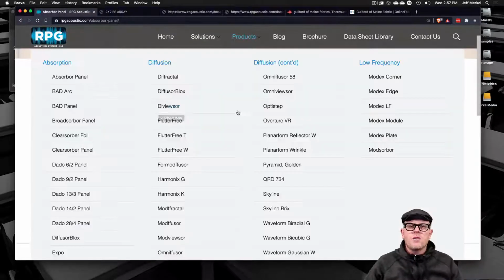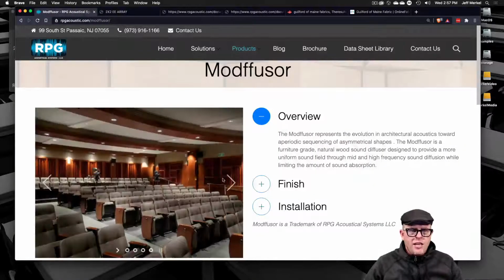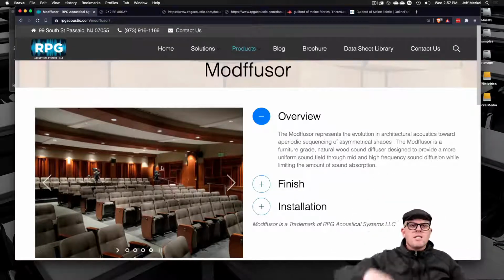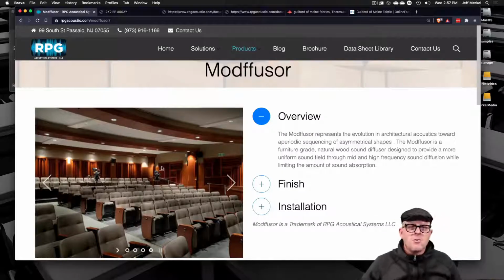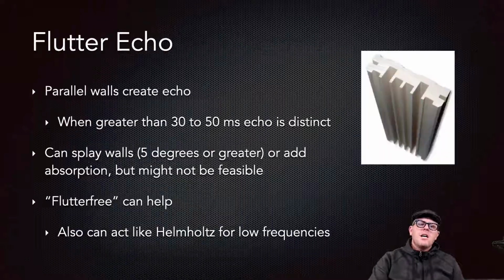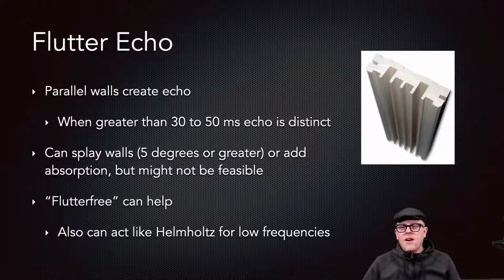And we saw one also in the mod diffuser, this one right here, so you can see that they've got different axes. These are all done in one axis, so they're going to spread it around in the flat plane, but they aren't going to diffuse it up and down. Whereas if I turn them sideways, that's going to diffuse the energy up and down as well. So you need to do a combination of the 2 to be most effective with these, and you'll see different ones with that.